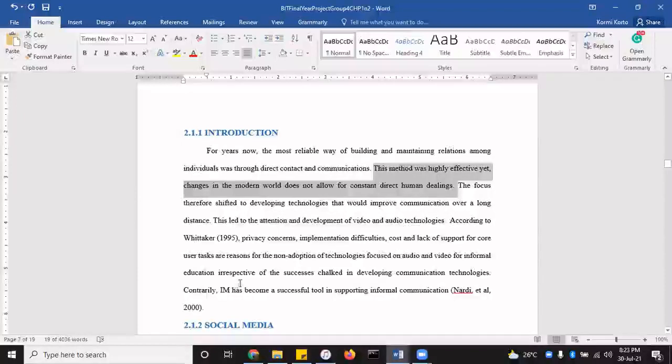Privacy concerns, implementation difficulties, cost, and lack of support for core user tasks are reasons for the non-adoption of technologies focused on audio and video for informal education, irrespective of the successes. The English is not flowing very well.